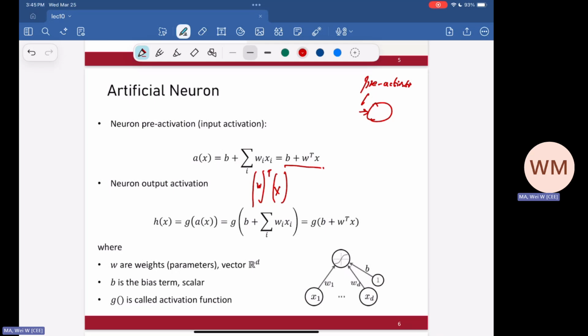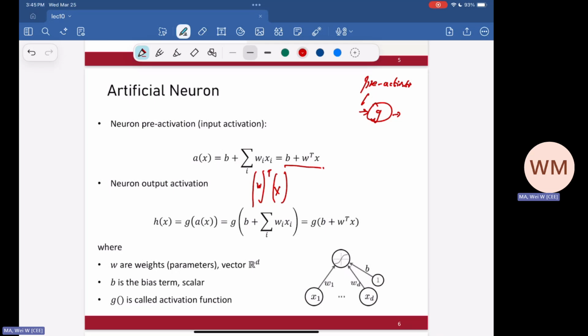Then you apply a function G here. After applying the function G, you have the output. We call this output after the activation the output. So when we talk about a neuron, it always includes a summation and an activation.